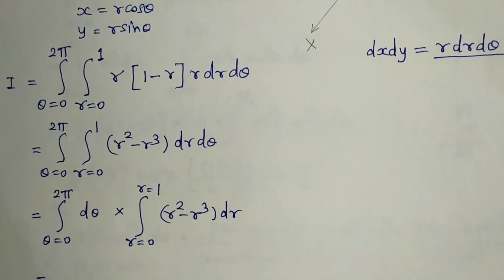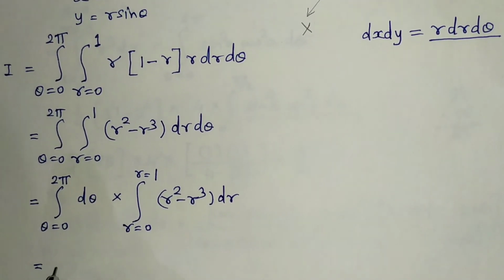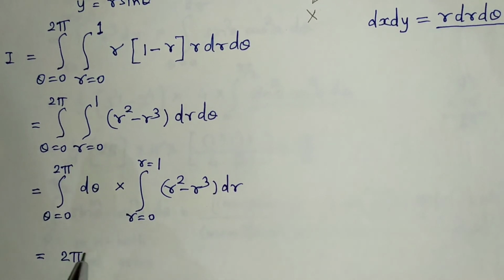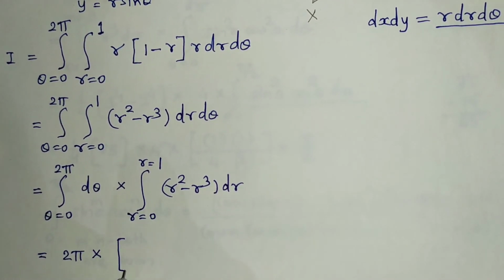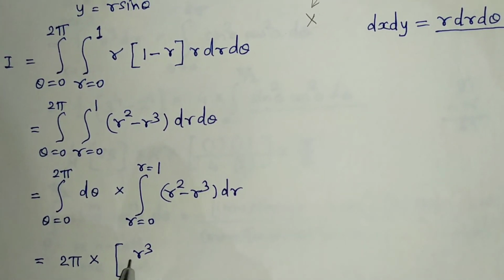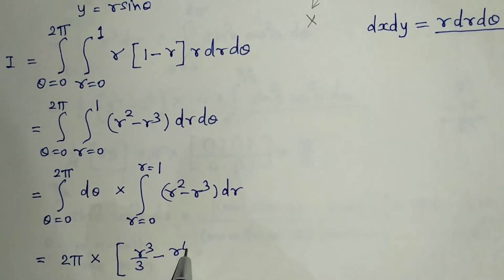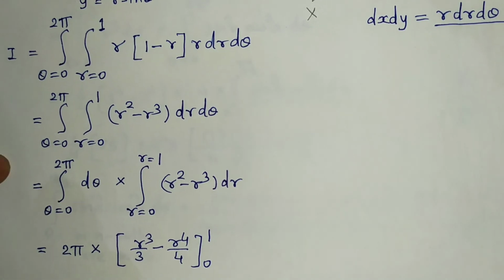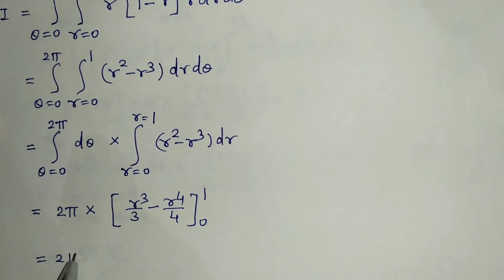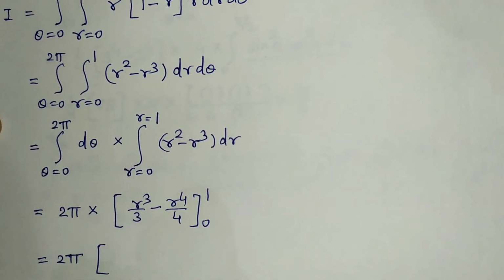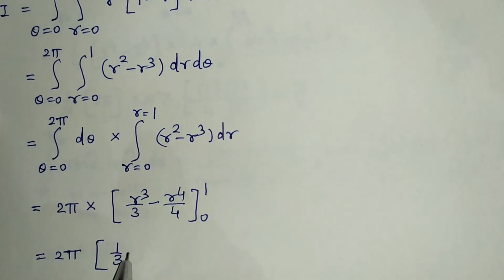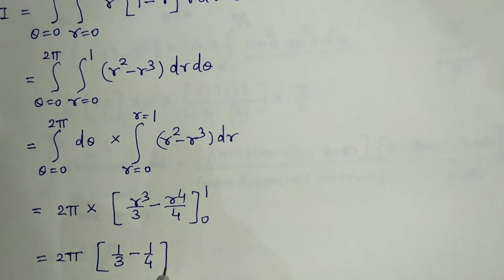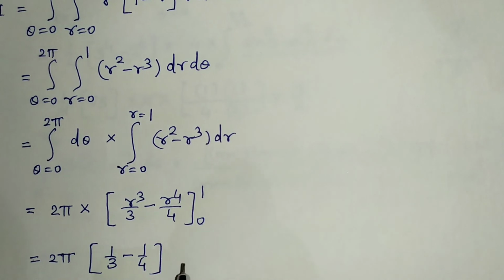The integration of d theta is theta, upper limit minus lower limit, so the answer is 2 pi, multiplied by the integration of r square minus r cube, which is r cube by 3 minus r raised to 4 by 4. The upper limit is 1, the lower limit is 0. For the upper limit you get 1 by 3 minus 1 by 4, and for the lower limit it is 0.